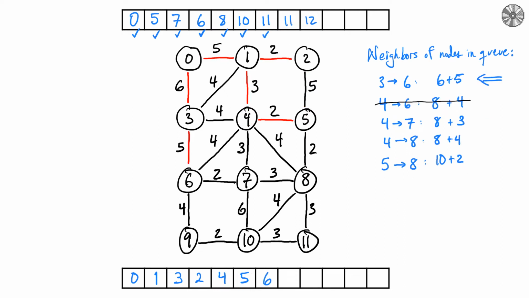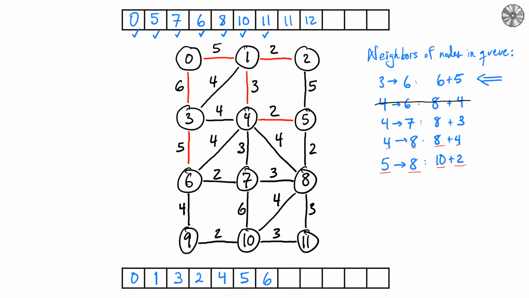Now that 5 is in the queue, now we can take a look at all of 5's neighbors. So that includes essentially just 8. So we can add the edge 5 to 8, which gives us 10 plus 2. Notice this is the same distance as using 4 to 8, which is also 12.